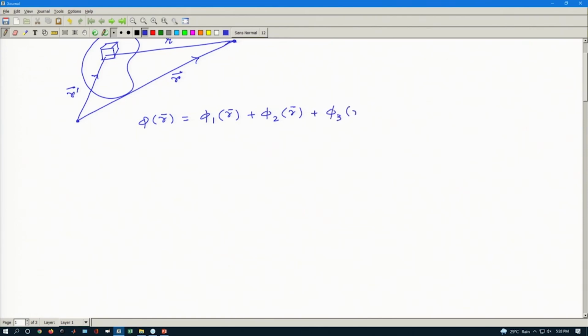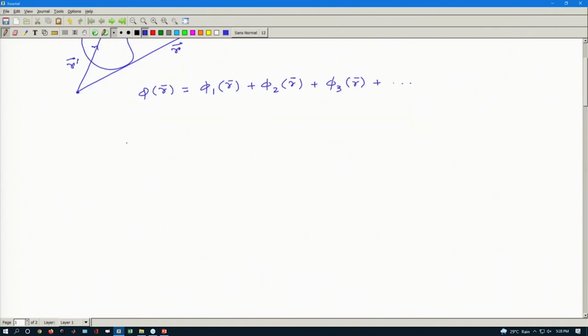We will discuss this again, where this phi 1, as I mentioned, is simply 1 divided by 4 pi epsilon 0, then the integration of rho r prime dV prime divided by r. This is the potential due to the monopole.